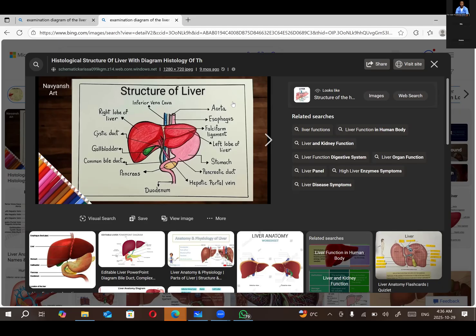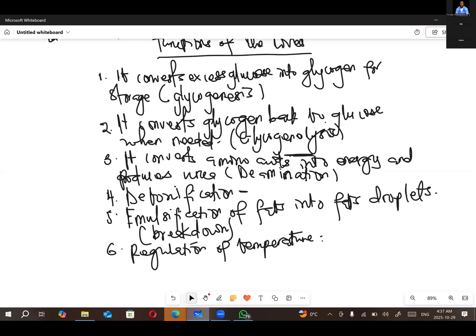So you can add to that note I gave you: it's facilitated by bile. This process is influenced by bile. And the bile is produced by what? The gallbladder.